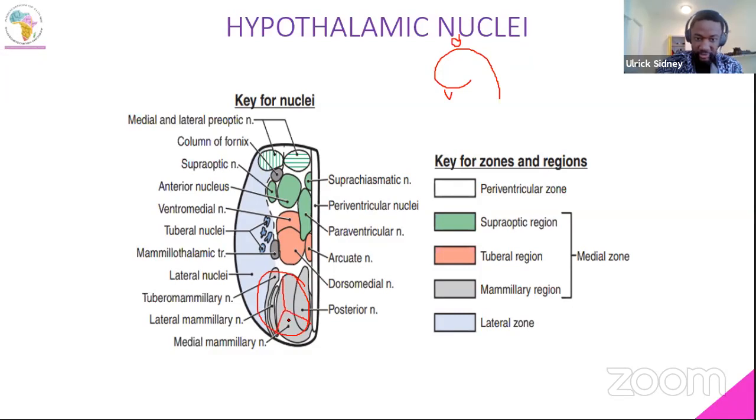And this here is the pulvinar, of course. This is medial, lateral on both sides, obviously. So mammillary, mammillothalamic. Here, tuberomammillary, mammillary, lateral mammillary, medial mammillary, and obviously the posterior. So posterior, anterior. Then you've got the lateral mammillary, the medial mammillary, tuberomammillary.